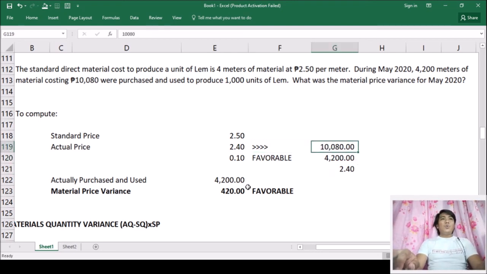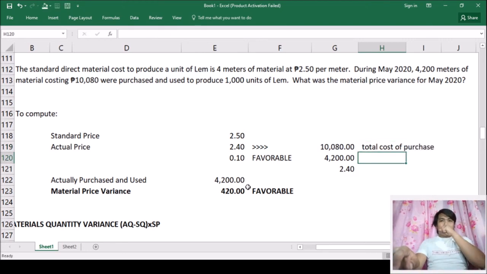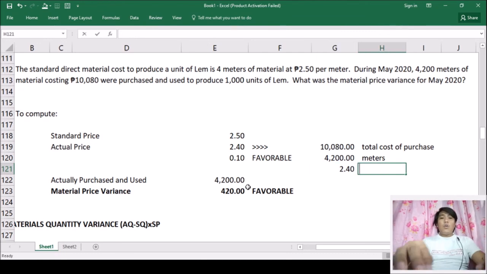Take note, the total cost of purchase is 10,080, and the number of meters you acquired is 4,200 meters. So, using that information, we can now identify the actual cost per unit.